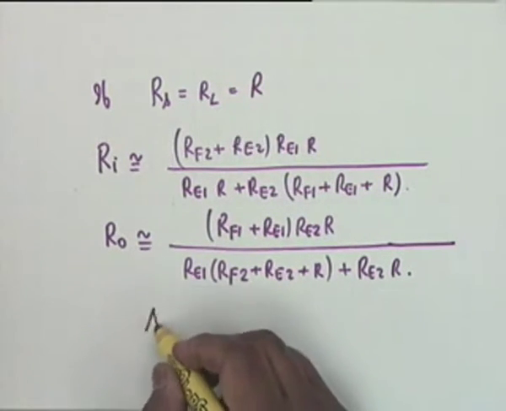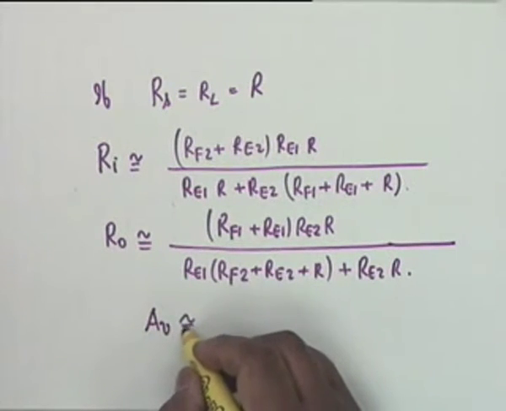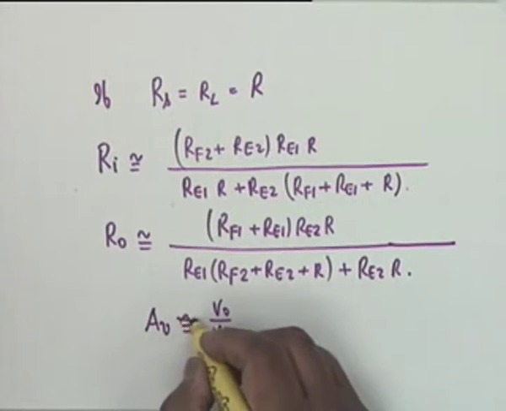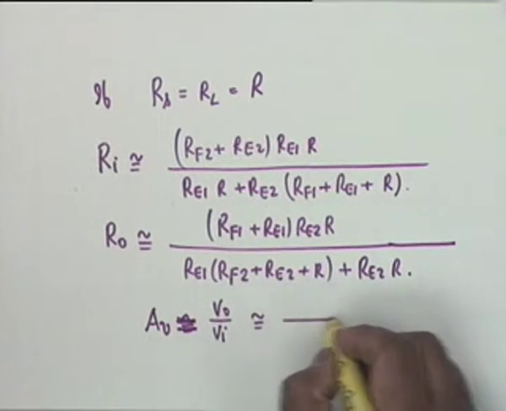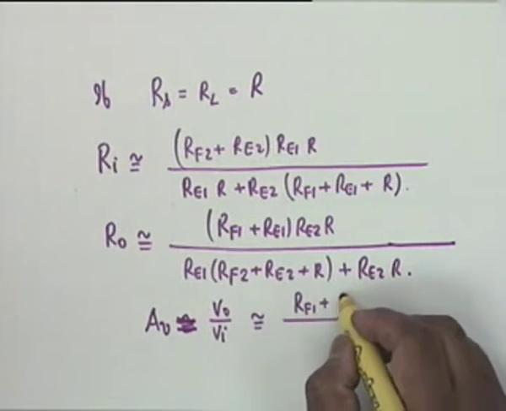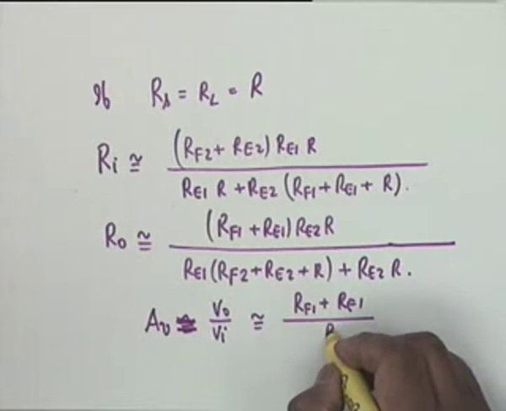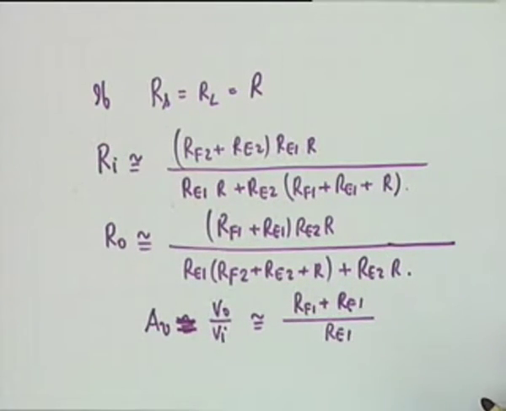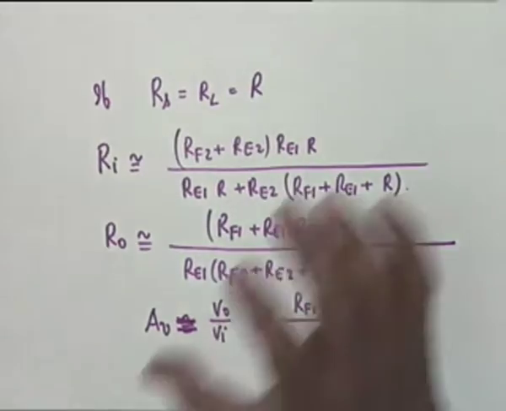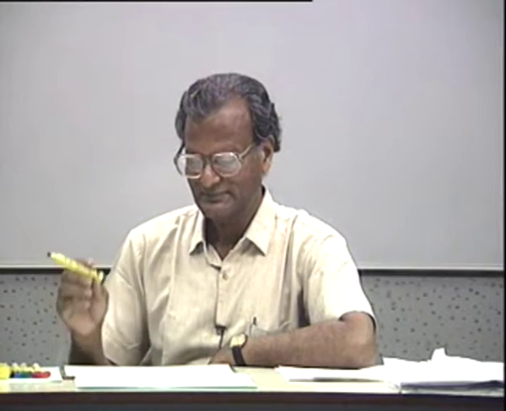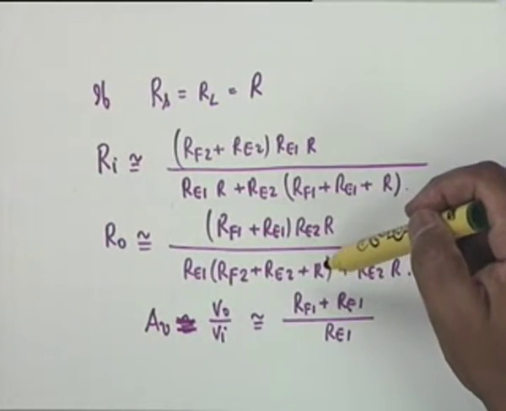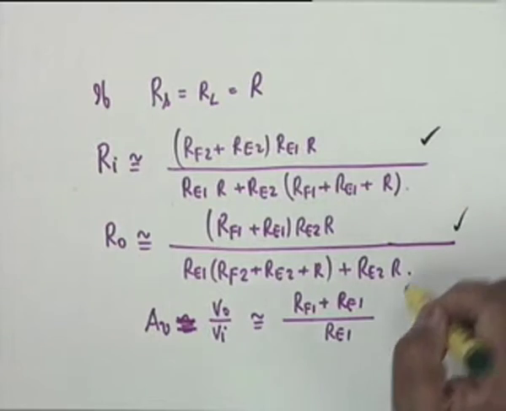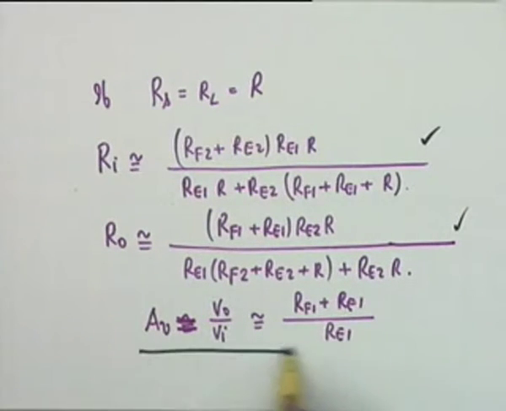And the voltage gain AV, which is V0 by Vi, is approximately equal to (RF1 + RE1) divided by RE1. I have written this intentionally. Tell me if there is any inconsistency in this expression. Are these dimensionally valid? Yes, sir. Dimensionally valid. Okay. How come? That is the question that should rise in your mind.